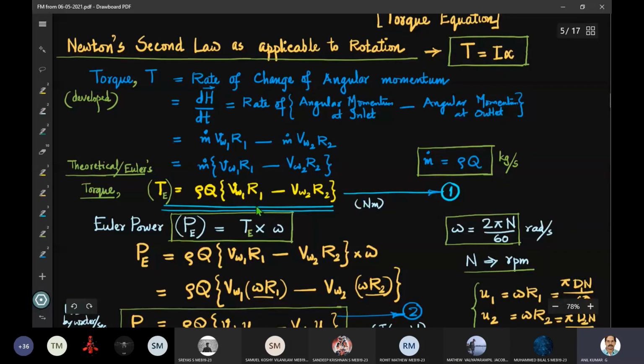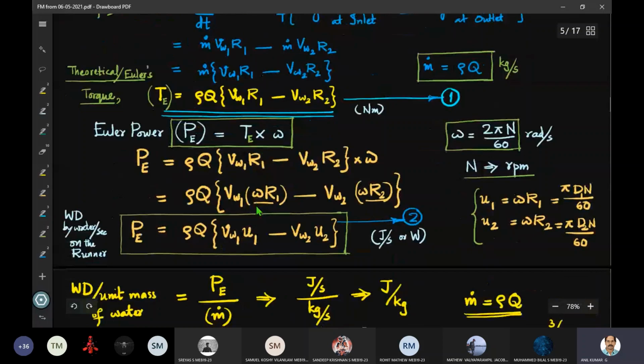In fact, this is the expression we were searching for, Euler's momentum equation for the torque, the torque developed or torque imparted. This equation can be used for turbo machineries, regardless of whether it is a power producing device or a power consuming device, power producing devices such as turbines and power consuming devices such as pumps and compressors.